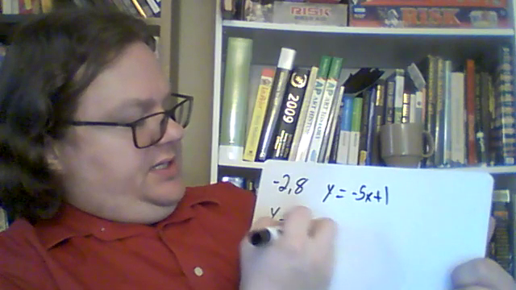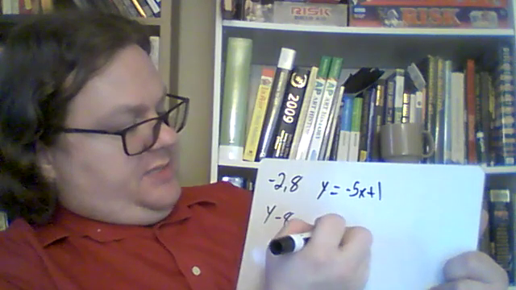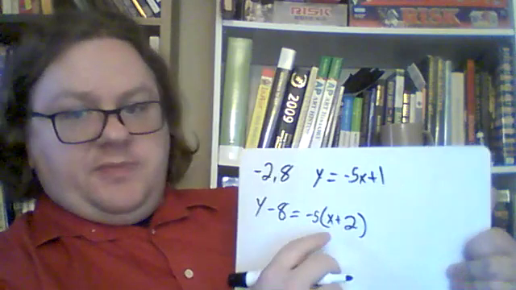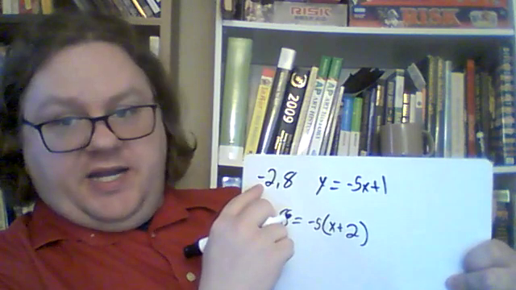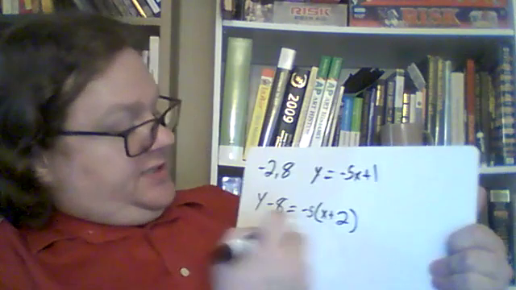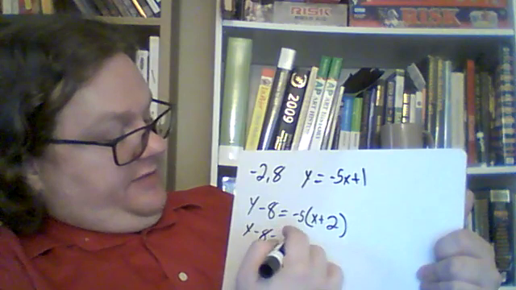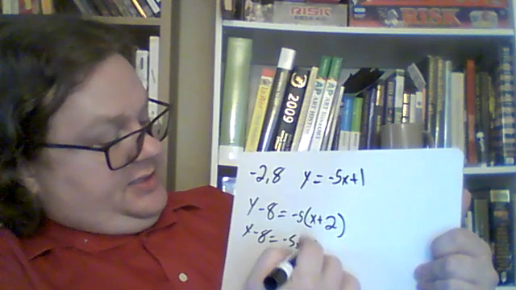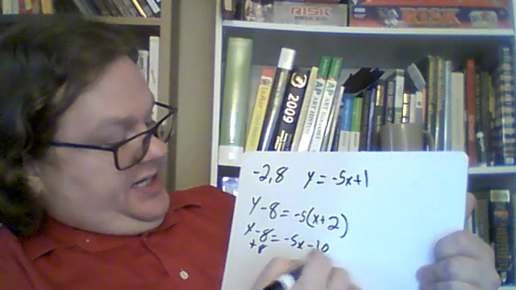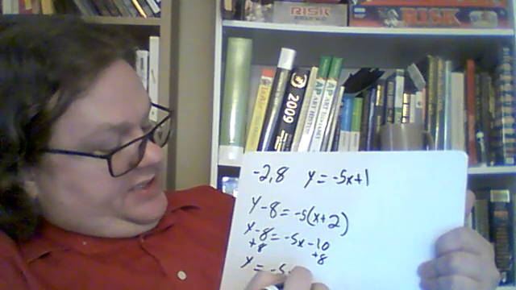Y minus 8 equals slope, -5, times x minus -2. I made that a plus because it's a -2 here, so it's supposed to be minus a negative, so it's a plus. Alright, so then I'm going to distribute. I get y minus 8 equals -5x minus 10, plus 8 plus 8, y equals negative 5x minus 2.